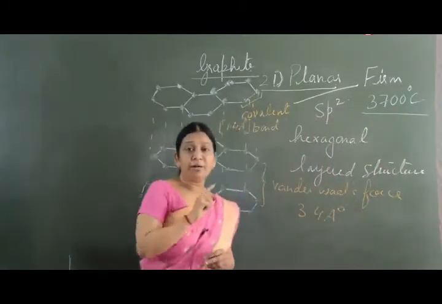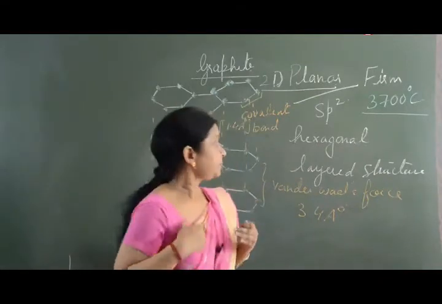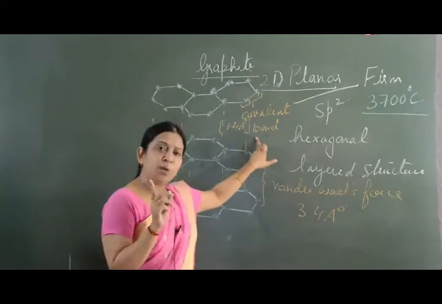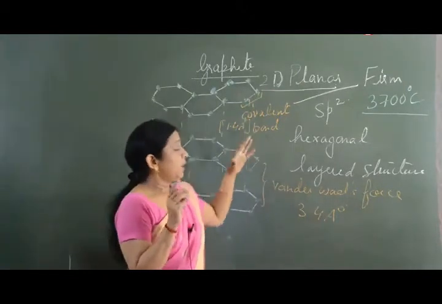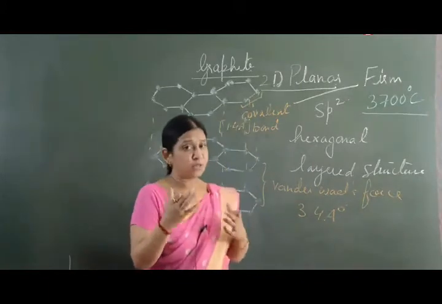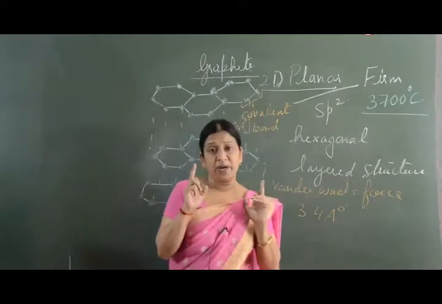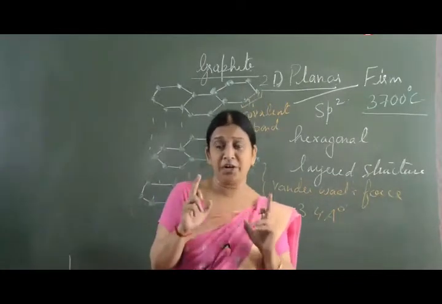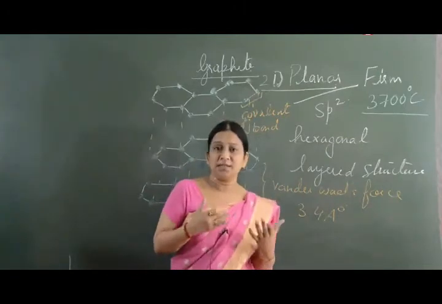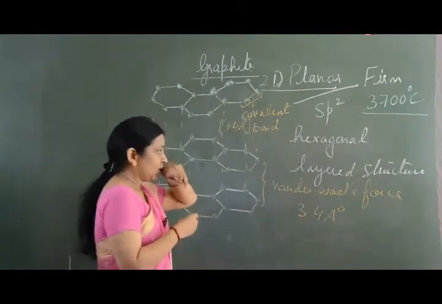This is the melting point of graphite, which makes it chemically inert but very useful. So because of the covalent bonding within the layer, it provides a firm structure to graphite, and the melting point is very high, which is 3700 degree Celsius. That is why graphite is very useful in furnaces, like in metallurgy. So this is because of the presence of covalent bonding.